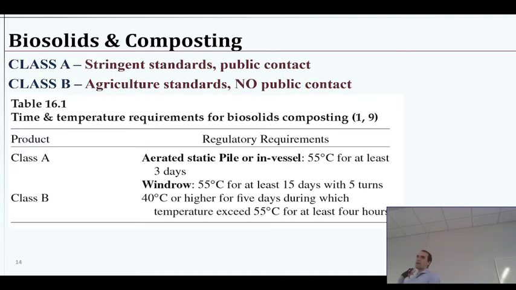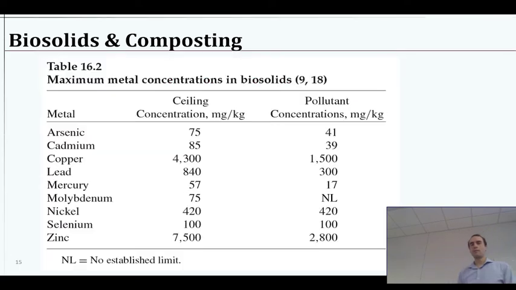So you have to hit that mark, but it's just generally more relaxed. Okay, so those are the two classes. Not a big difference there. It's basically just fancy composting, carefully controlled. We have all sorts of regulations about the metals and other pollutants. This is actually under the NPDES system.